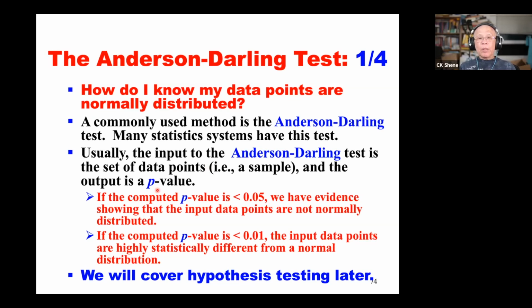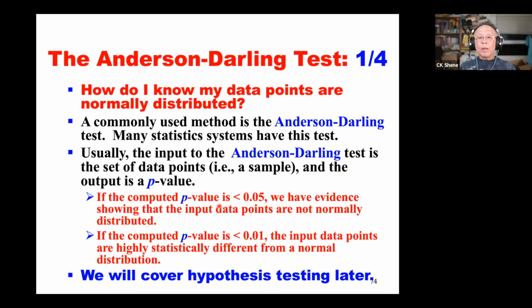So look at this p-value. If the computed or returned p-value is less than 0.05, this is the confidence level, 95%, we have evidence showing that the input data points are not normally distributed. In other words, look at the p-value.